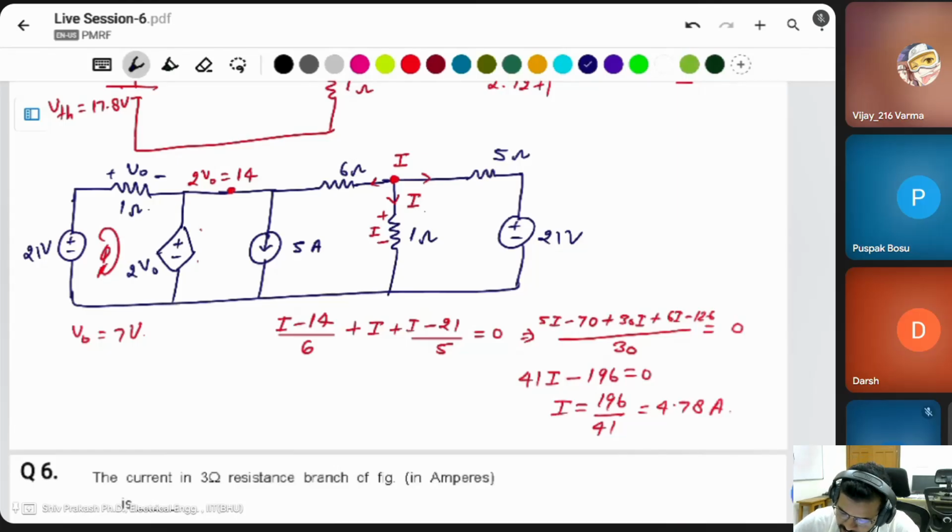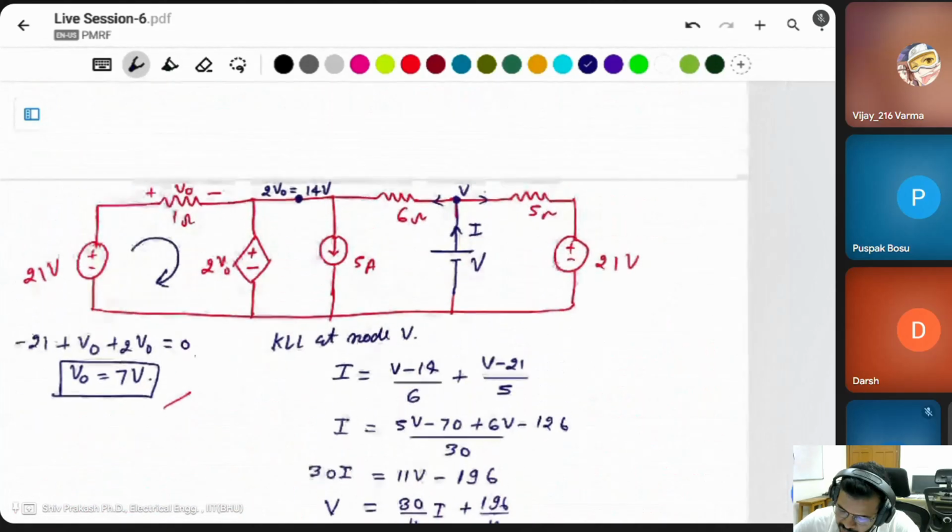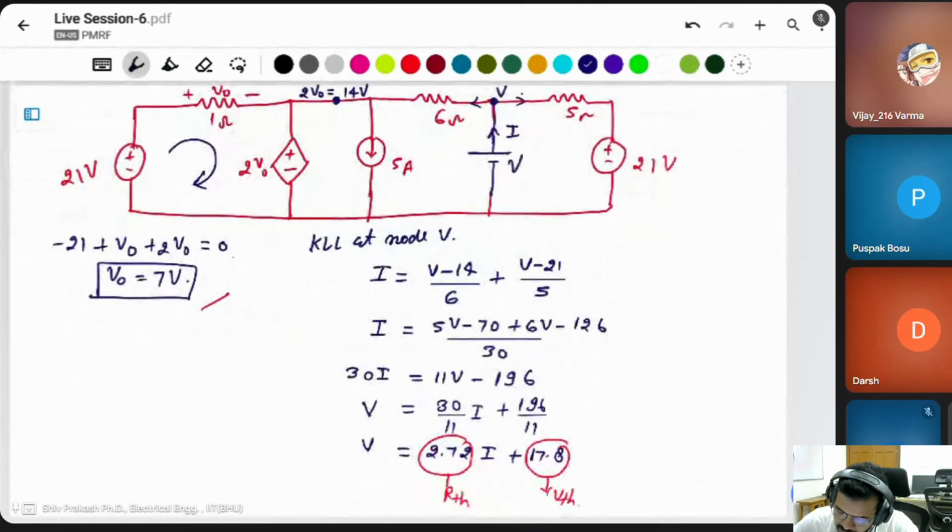(I minus 14) divided by 6, outgoing. Suppose we take all as outgoing, so all are positive, plus (I minus 21) divided by 5. You can take the LCM, as in KCL.